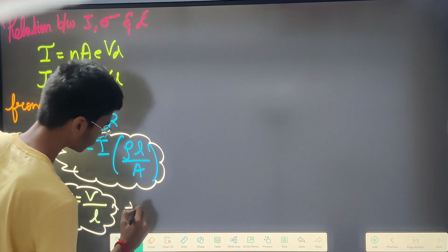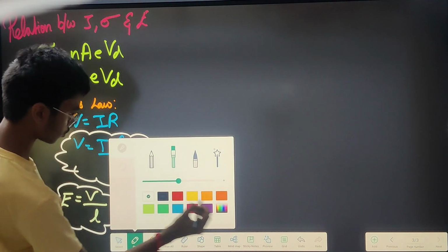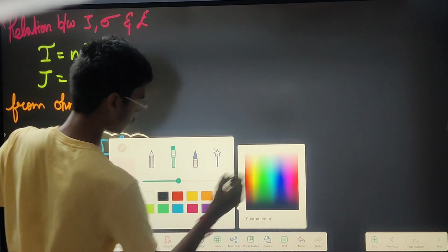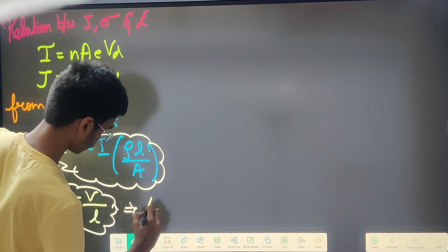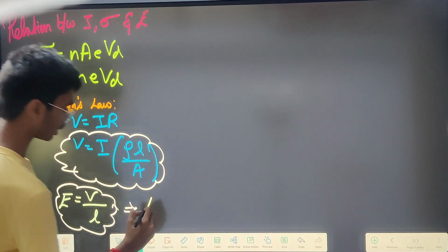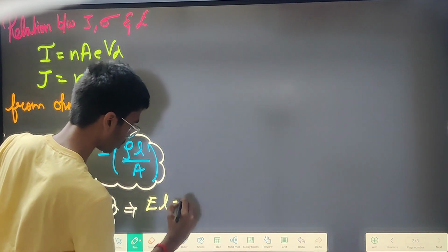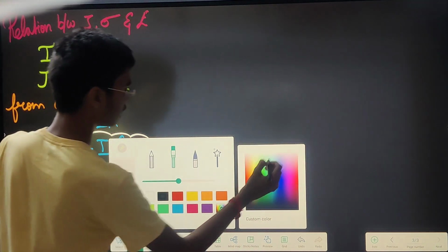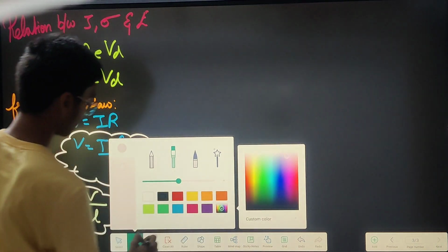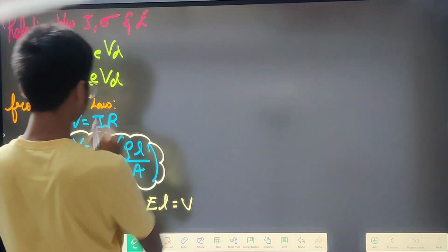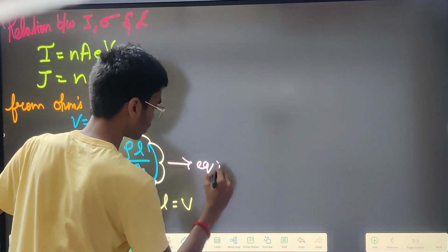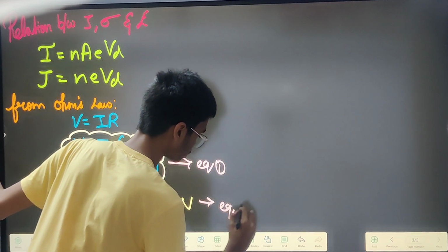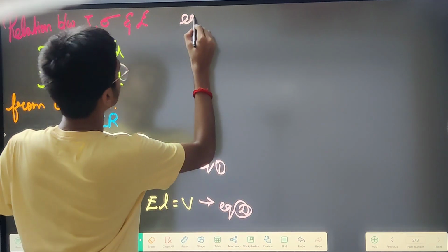So we know that EL is equal to V. From this we can easily say that this is also V, this is also V. So this is equation 1, and if you are taking the other as equation 2, then equation 1 and 2 are equal.